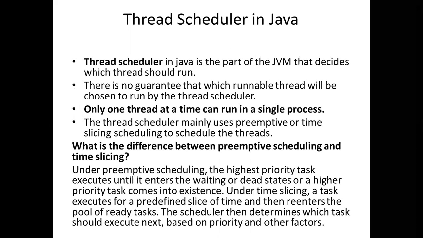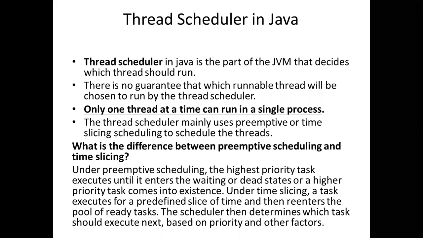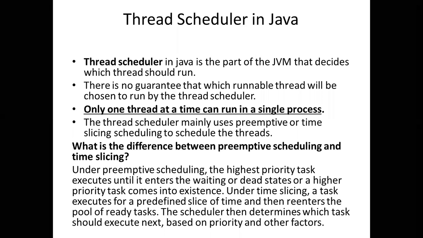Now the second thing is that we have done two things. Meanwhile we have discussed two things. One is the new state when your thread is being created, and the second one is the runnable state. So what is the runnable state? It is when you are moving from the new state to this runnable state, and for this particular case you require a start method.